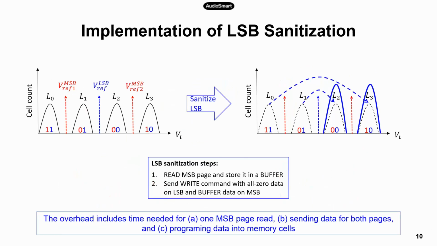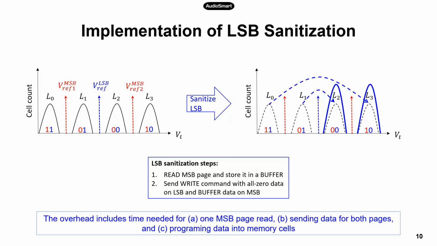Implementation of LSB sanitization. There are two steps of LSB sanitization implementation. First, we read the MSB page and store it in the buffer. And then we send the write command with R0 data on the LSB page and buffer data on the MSB page. The overheads include the time needed for one MSB page read, setting data to both pages, and programming data into the memory cells.